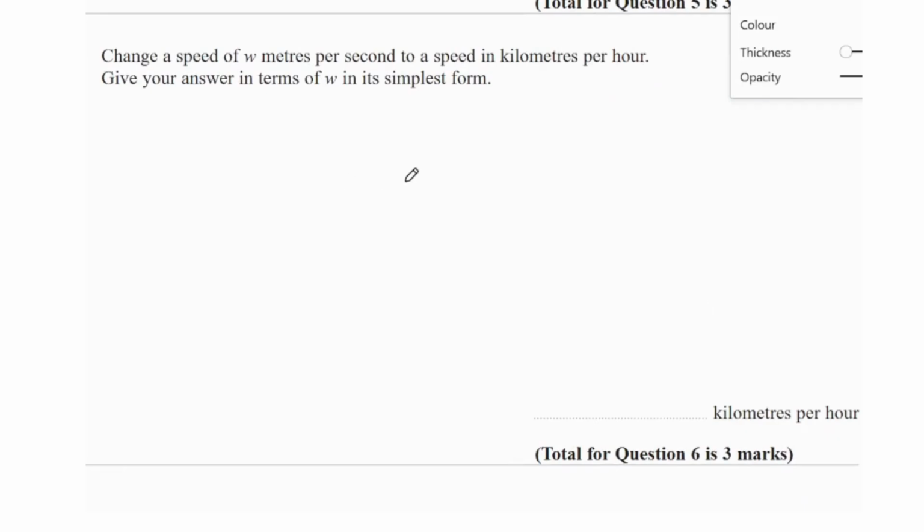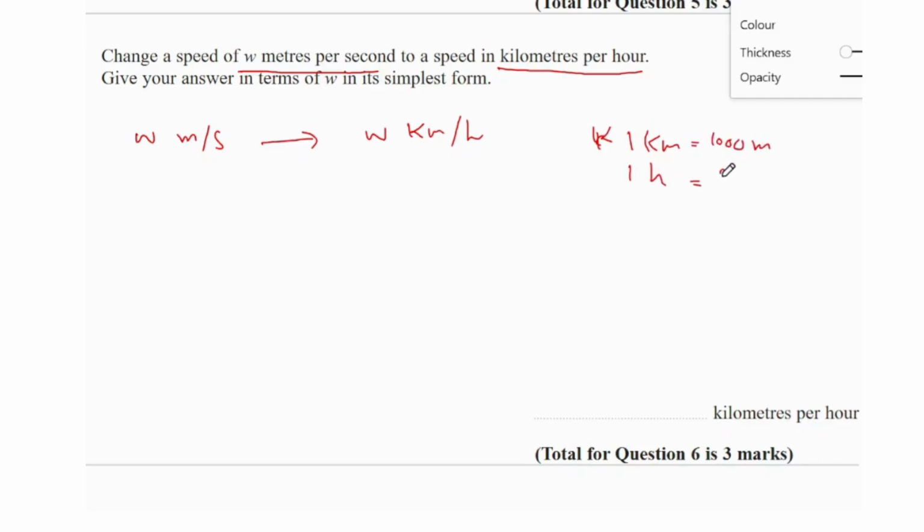Question number 6 says, change a speed of w meters per second to a speed in kilometers per hour. So we have W in meters per second, and we need to convert W into kilometers per hour. We know that 1 kilometer equals 1000 meters, and 1 hour equals 3600 seconds.